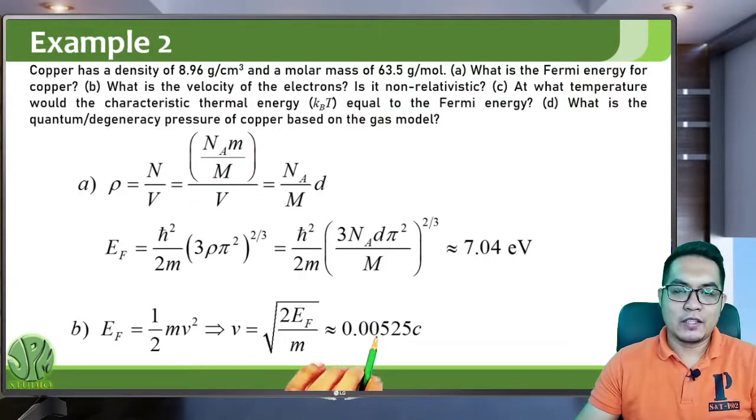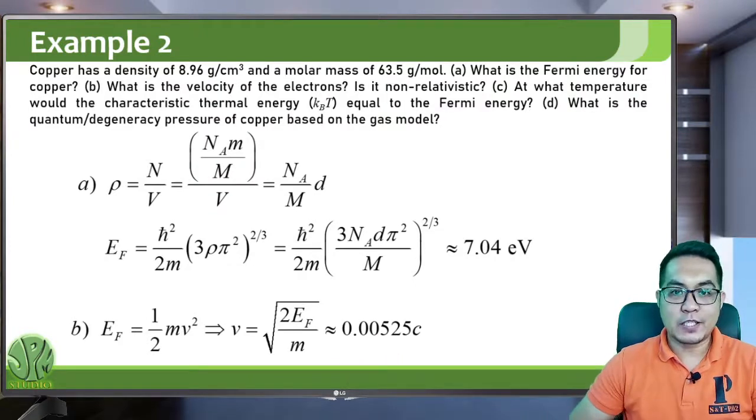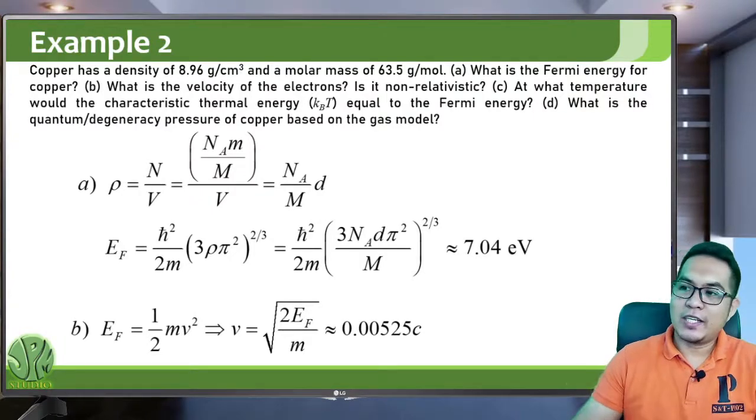I have already converted the value in terms of c, the speed of light. It's 0.00525 c, very small compared to the speed of light, meaning it's a non-relativistic speed. So you don't need to use the theory of relativity here.